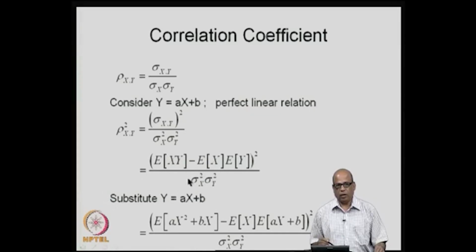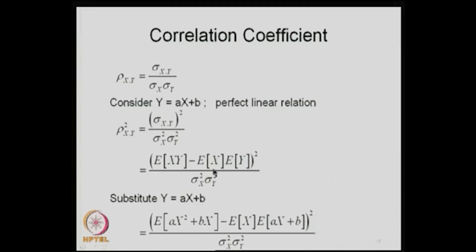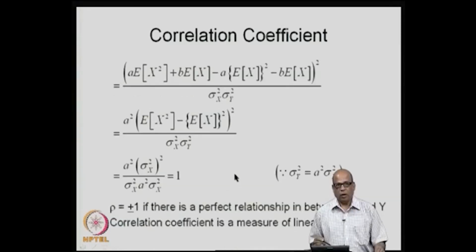So, wherever y is there, I will substitute a x plus b and simplify this as expected value of a x square, because y is equal to a x plus b, times x minus expected value of x and expected value of y here, which is expected value of a x plus b. The denominator will keep it as it is, and then when we simplify this, what do we get?